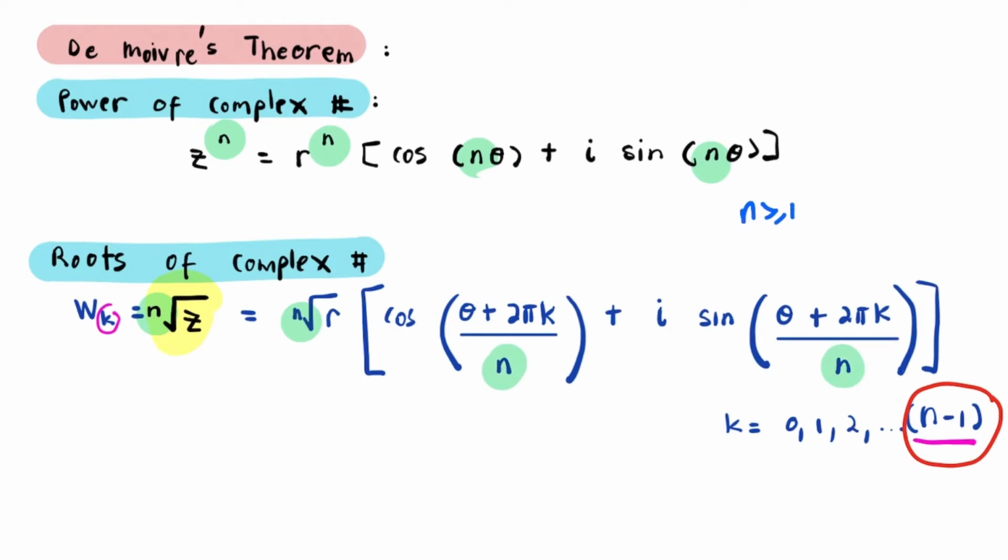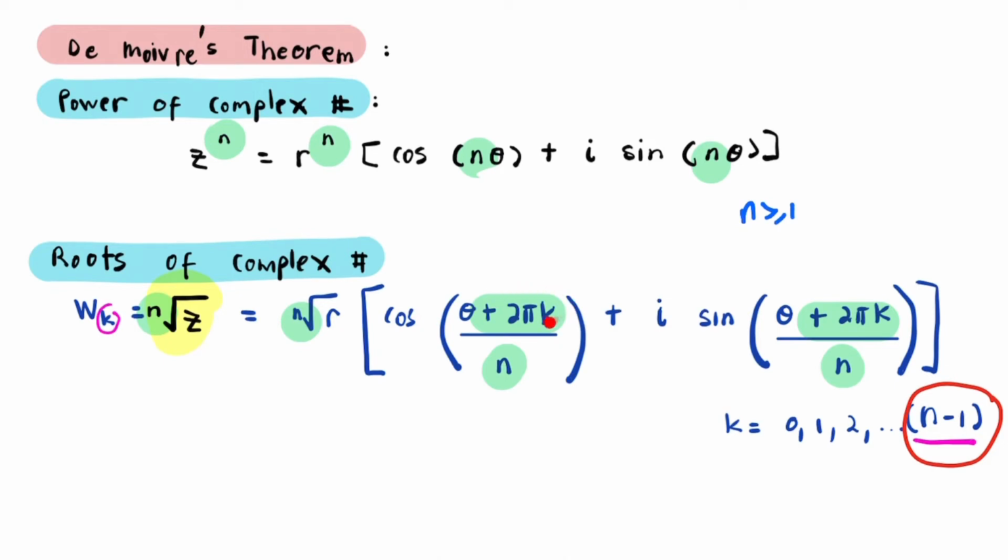Okay, so since you have divided the angle by n, we need to realize that the argument that you give later on should be in one cycle. So since you have divided the angle here, you need to also add plus 2 pi k in the numerator. Why? Because later on, when your argument is small, you can repeat the answer until you achieve one cycle.